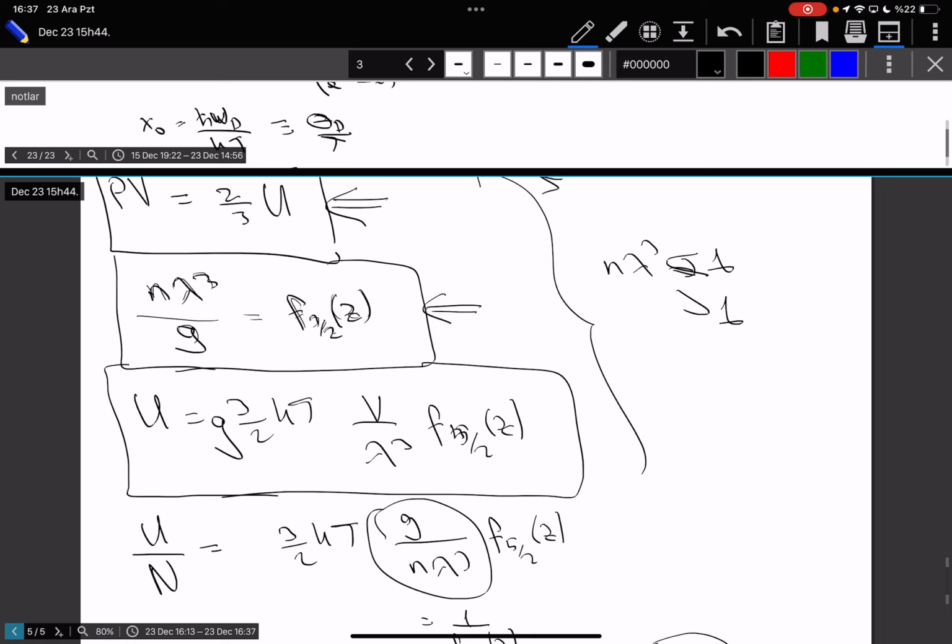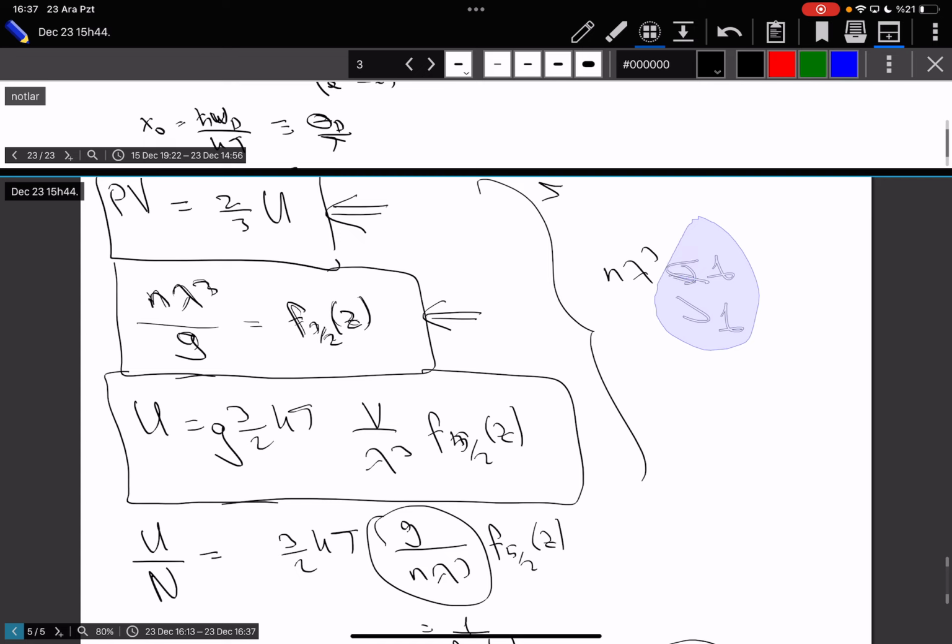Now, we still didn't look at whether these 2 energy scales are related. One, the energy scale fixed by n lambda cubed equal to 1, let's say. This defines an energy scale, an energy or temperature.